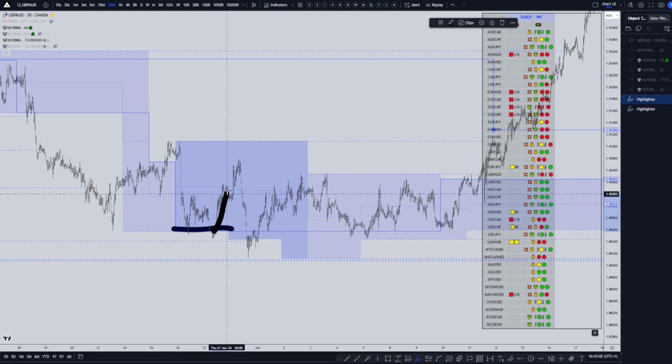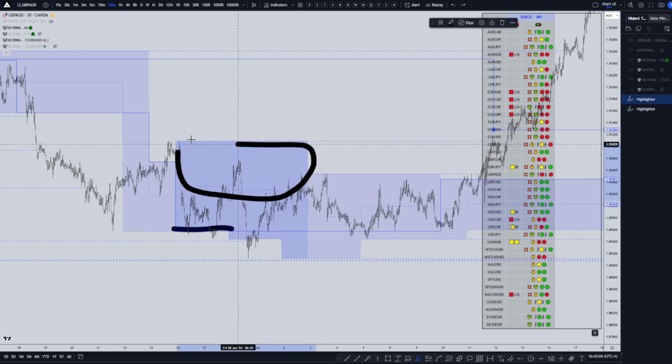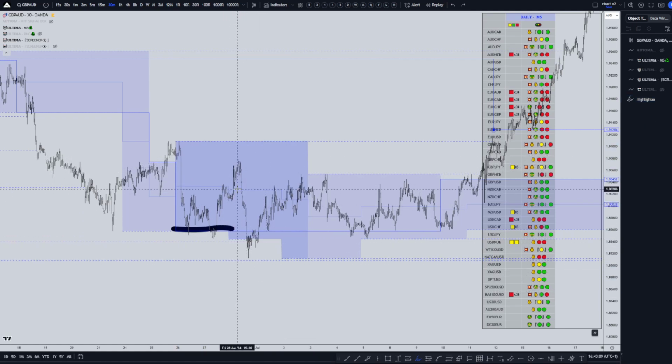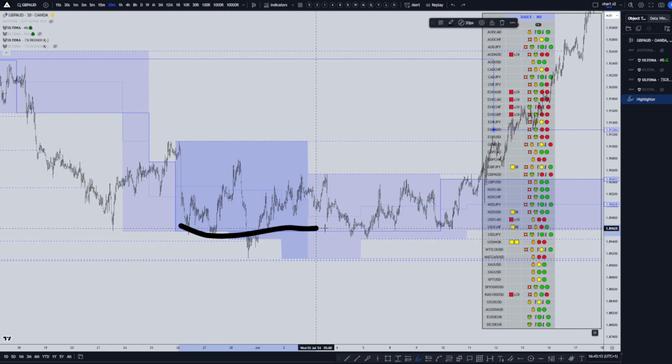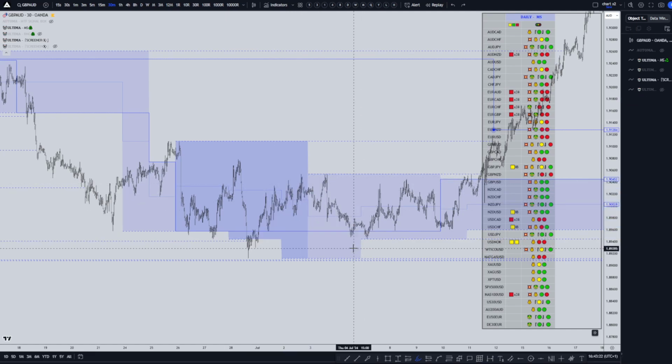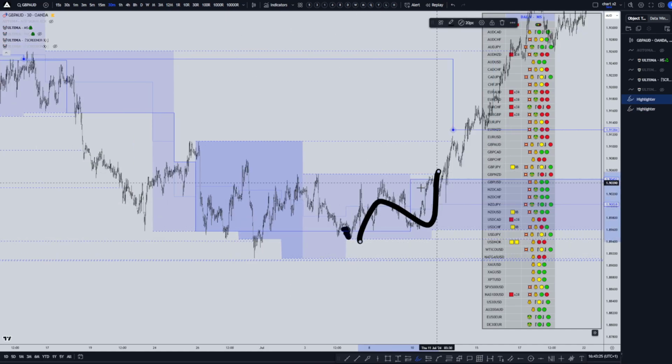So we pull back to 50% of the structure for continuation. Again we hit the low, market structure is still bearish, as you see on this line. We again take the liquidity, pull back 50%, move lower again, retesting that market structure break, and now establish a bullish break and start to go to the opposite side.